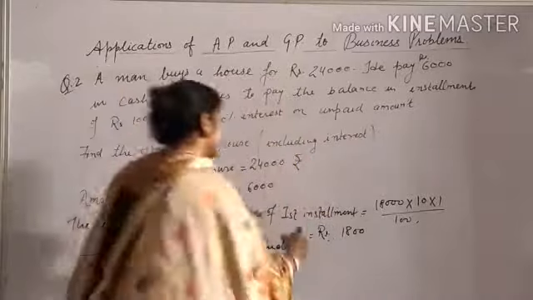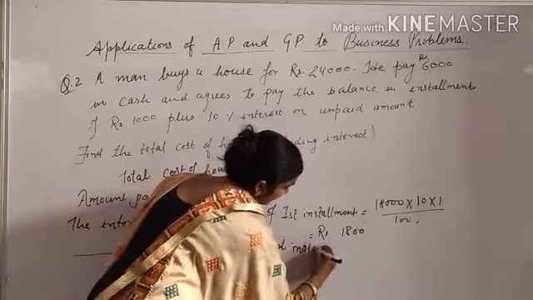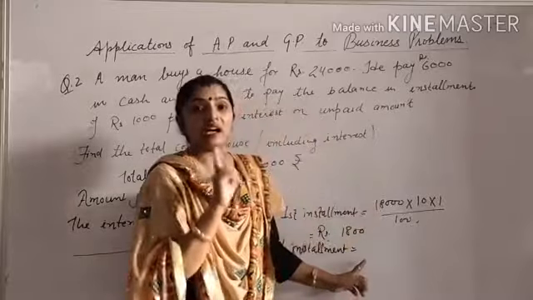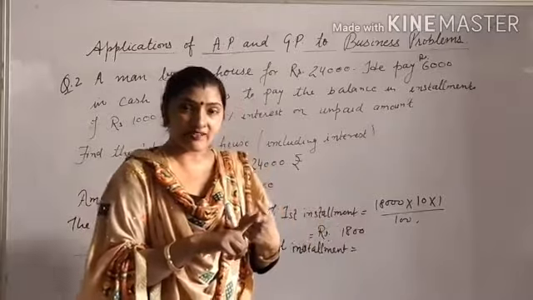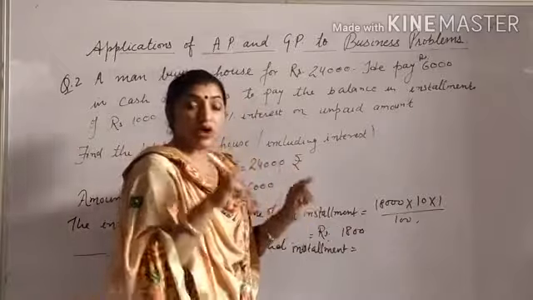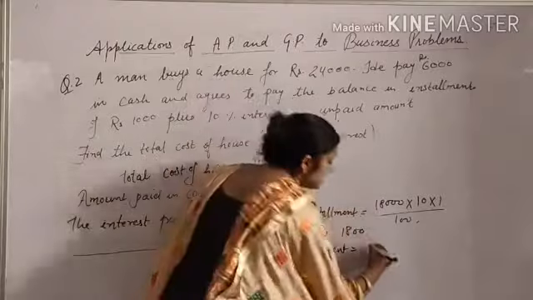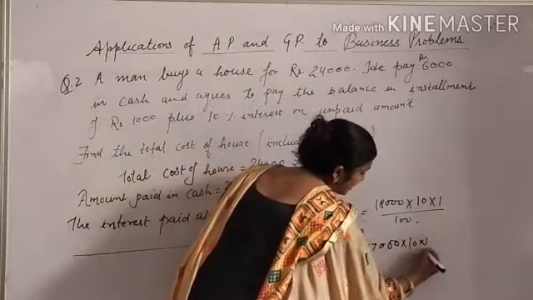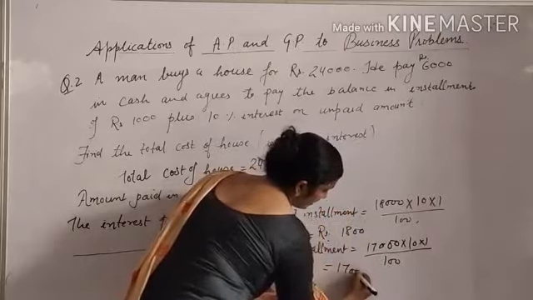The second installment interest is 10% of the unpaid amount, so the interest is 10% of 17,000, which is 1,700 rupees.